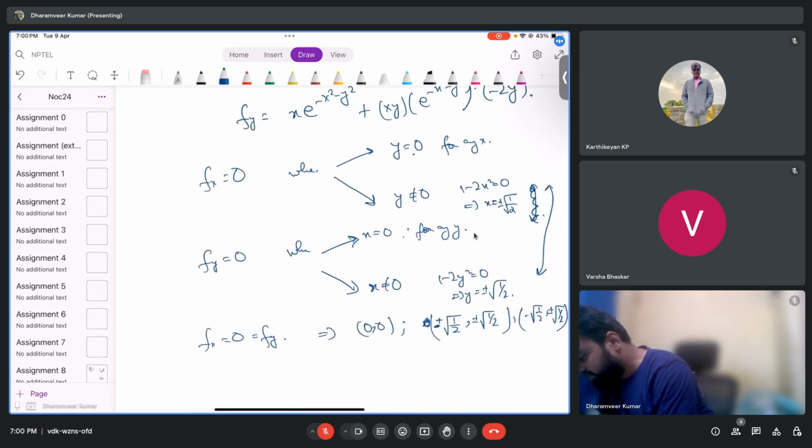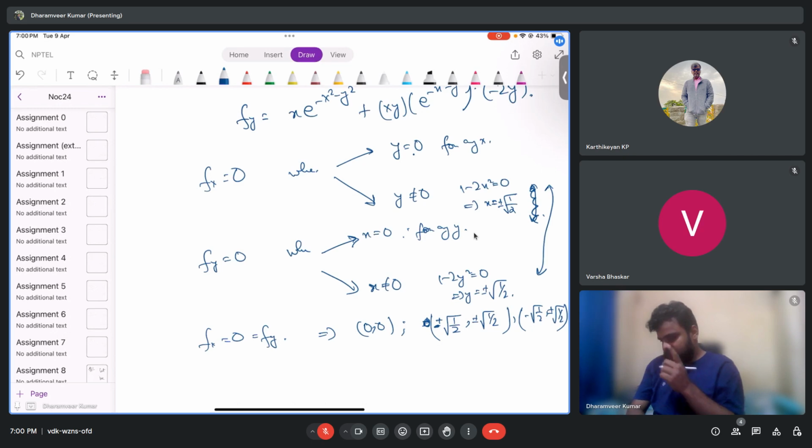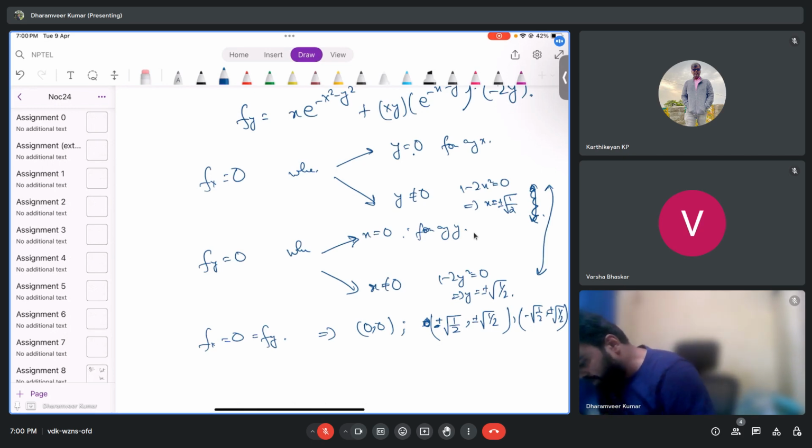So with plus minus, with minus, plus minus, with the plus minus minus, so plus minus, 4 times. You can write it in any way, basically option A.